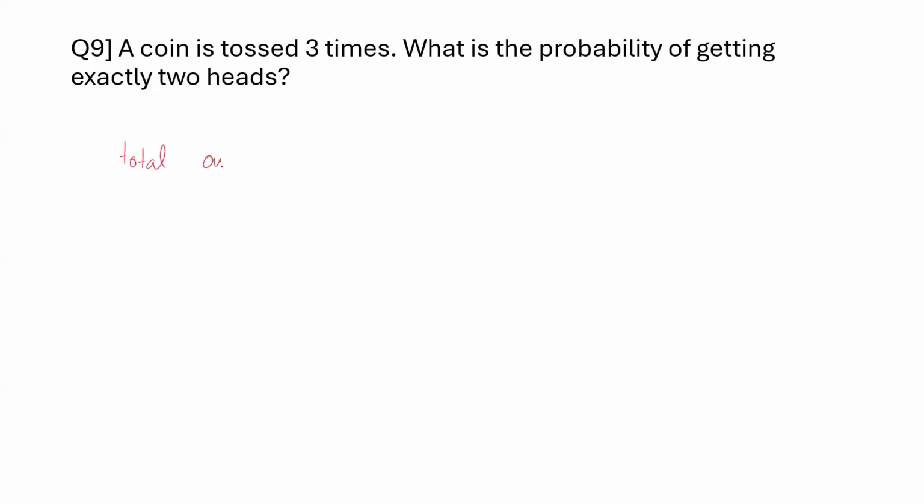Right? Total outcomes. So, how will you compute total outcomes? See, you are flipping a coin 3 times. So, if you flip a coin the first time, you will have 2 outcomes, right? Heads and tails. Then again, you are flipping a coin. Again, you will have 2 outcomes, heads or tails. And then the third time when you flip a coin, again, you will have 2 outcomes.